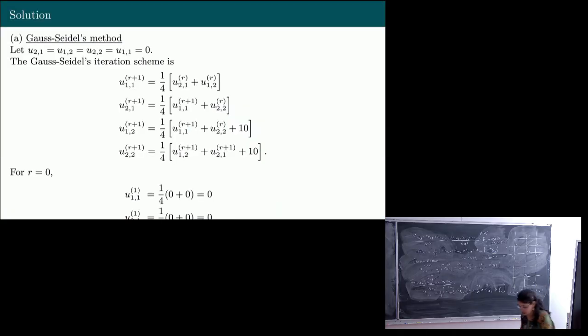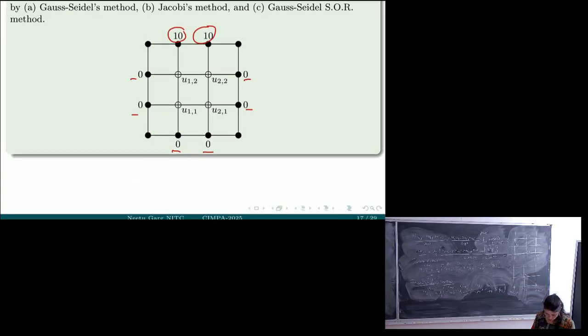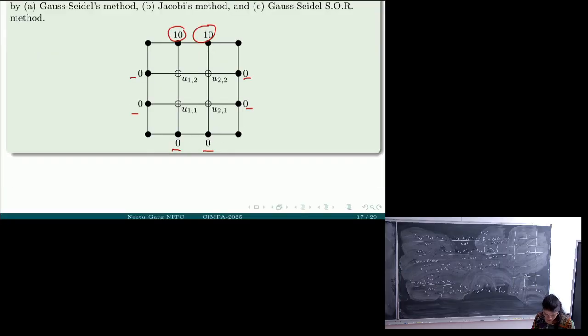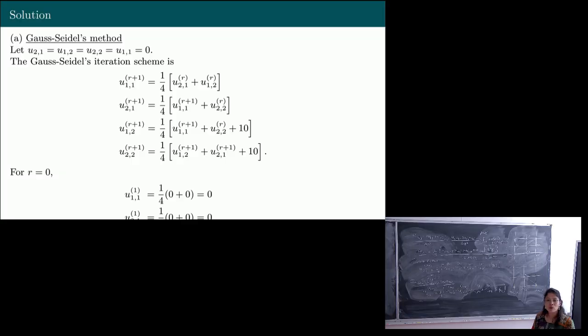Okay. So here check this equation which I am writing here. Yeah. So u_ij is 1 by 4 times of this value. Okay. So I am going to apply this formula here. So here u11, which is this point, okay, this point is the average of, by the standard 5-point formula, these 4 points, which I am writing in the next line, that u11 is 1 by 4 times of u21 and u12, fine.